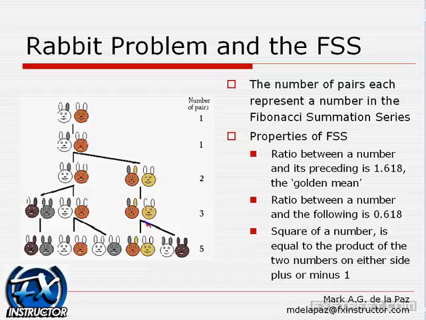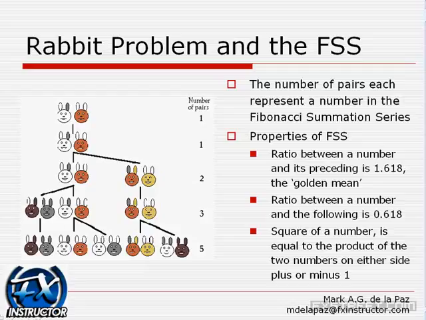The first pair, of course, was immature. So the second month, when it matures, you have it giving birth. So you now have 2 rabbits. And basically, he went on and on with this, counting the number of pairs. Those numbers of pairs that he got represent what we call the Fibonacci summation series.